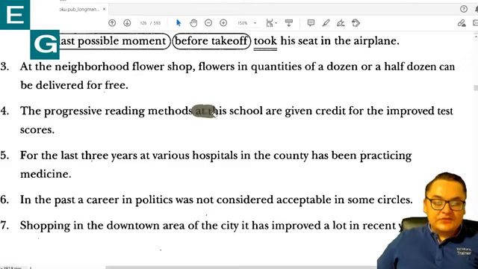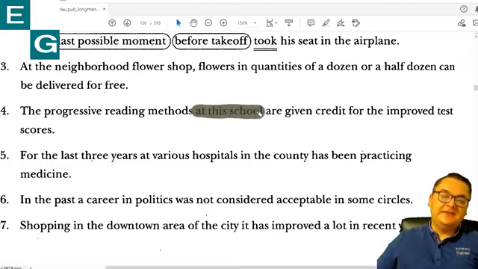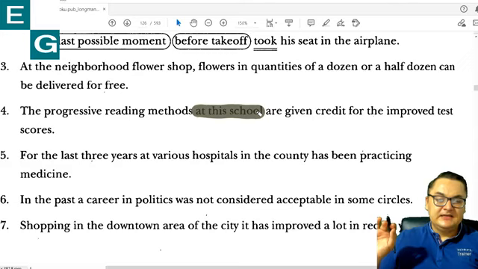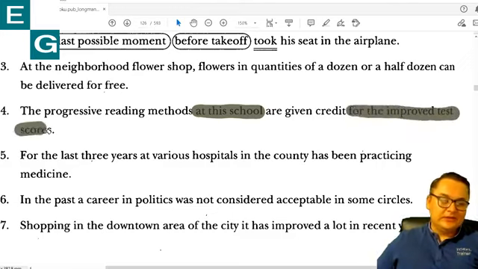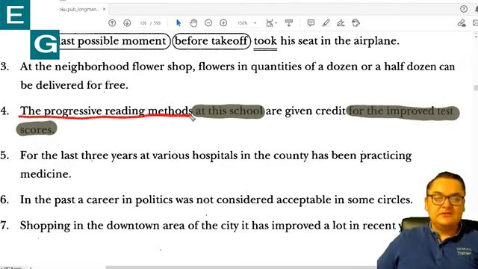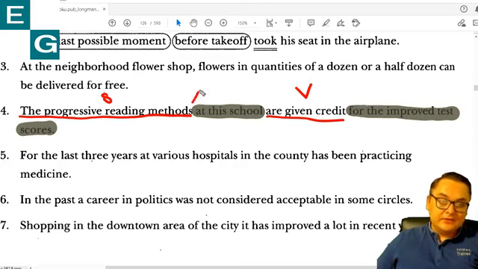At this school, the methods have this ending, like at this school, but there is a preposition. And I also have for the improved test scores. So I can also say that the progressive reading methods is my subject, are given credit is my verb, the methods are plural, so the sentence is correct.